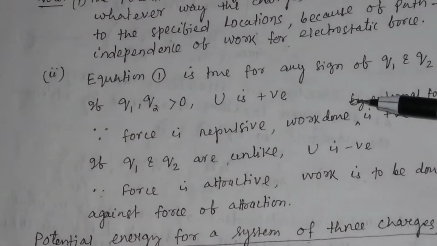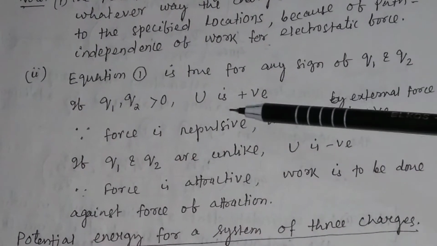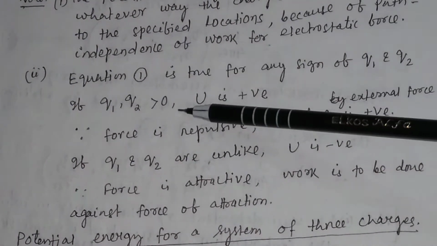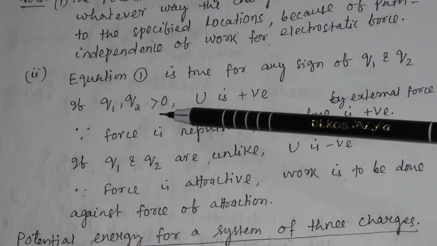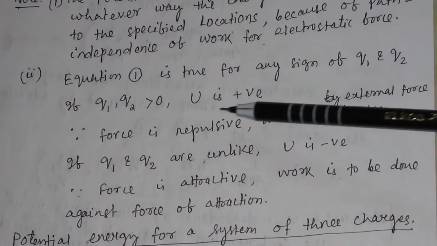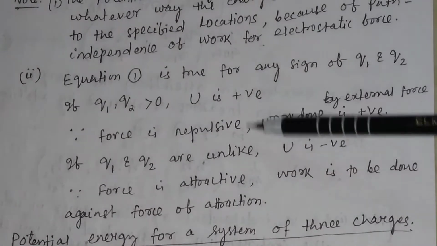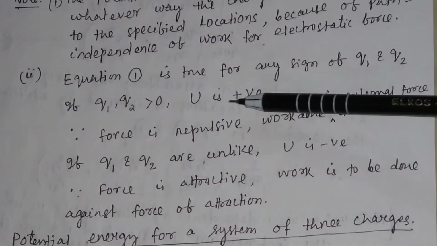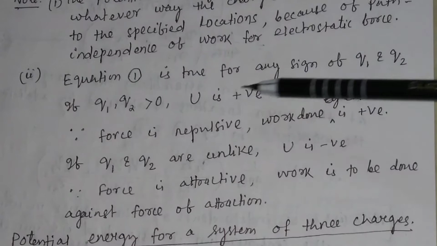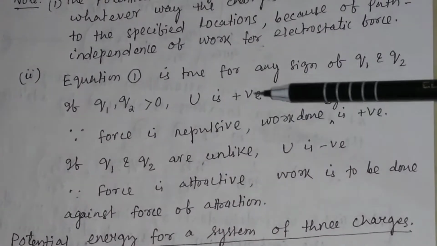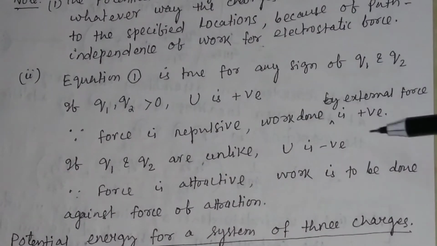Remember, whether the q1 and q2 are both positive or both negative, then potential energy is positive, isn't it? Since potential energy is positive, the force is repulsive. Work done by external force is positive.